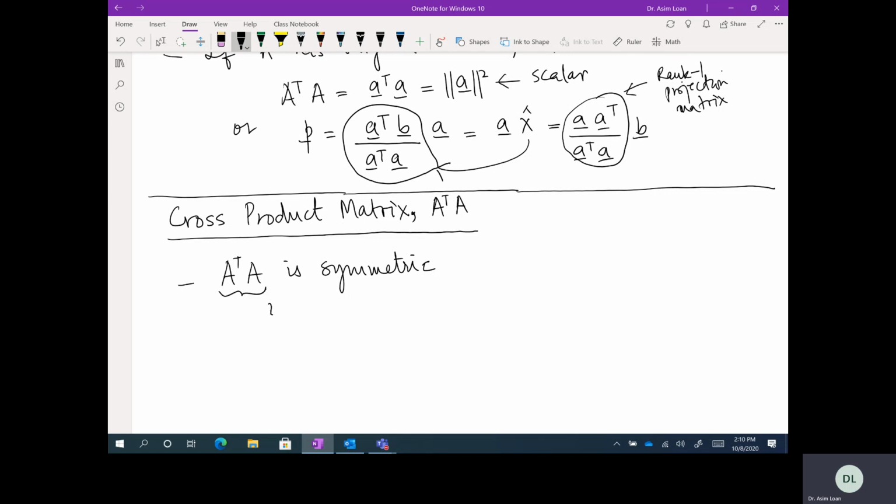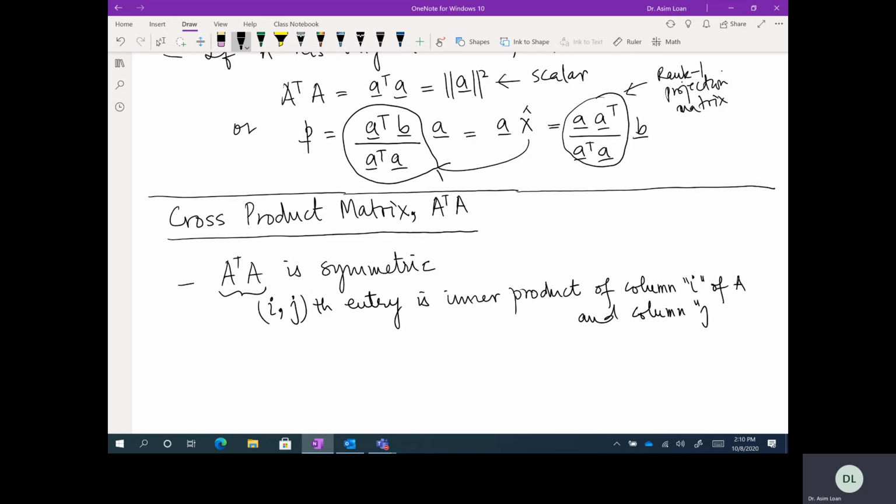The ijth entry is the inner product of column i of A and column j of A, because it's A transpose, so rows and columns are the same.